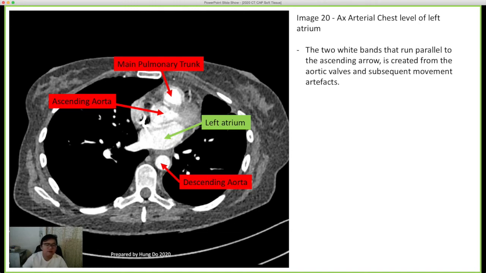Now, if you look carefully on the image, you can see that there are two borders here. This is cardiac motion due to the opening and closing of your aortic leaflets. This is very common.